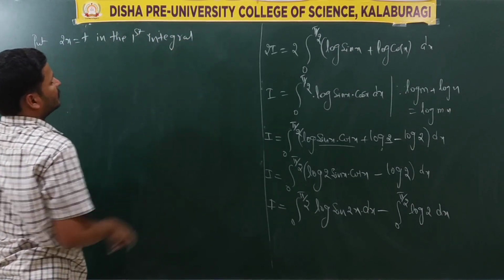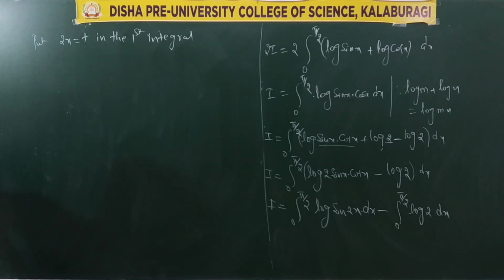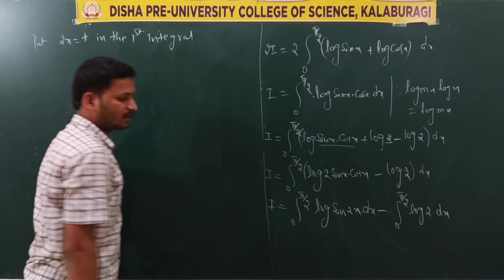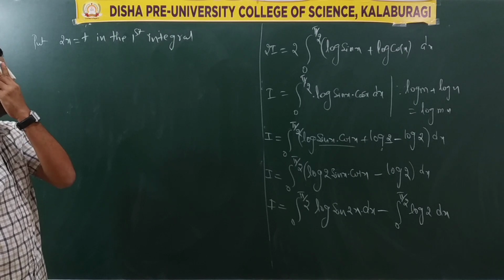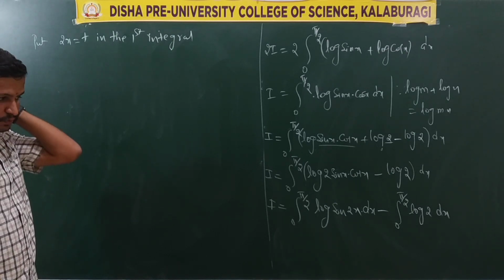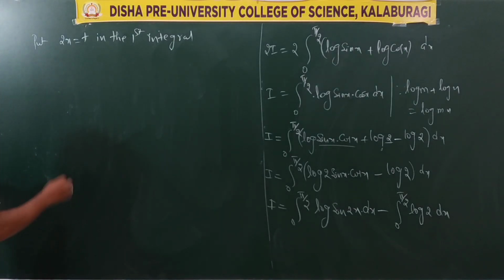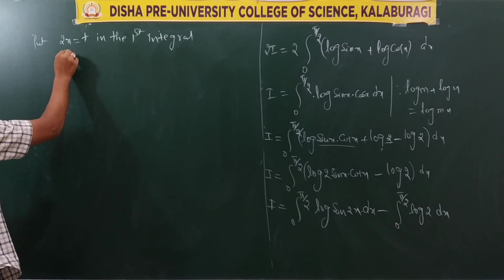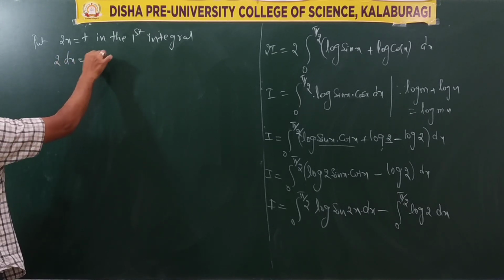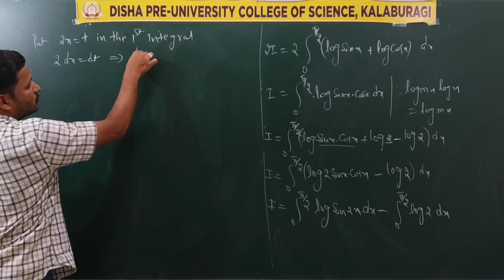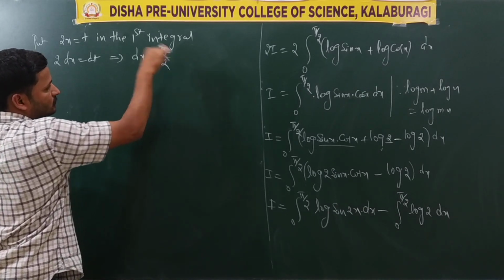When we put this, the lower limit and upper limit change. Differentiating 2x with respect to t, 2 dx equals dt, so dx equals dt divided by 2.